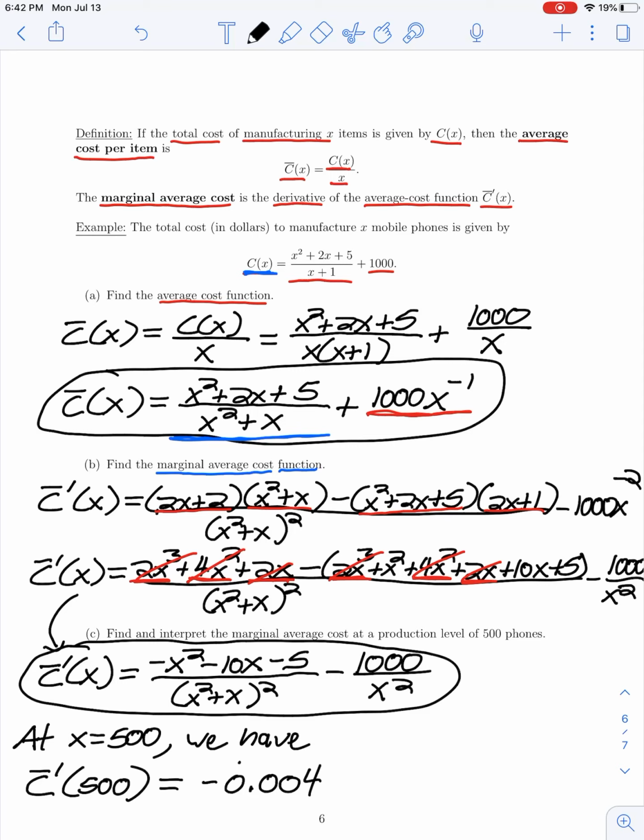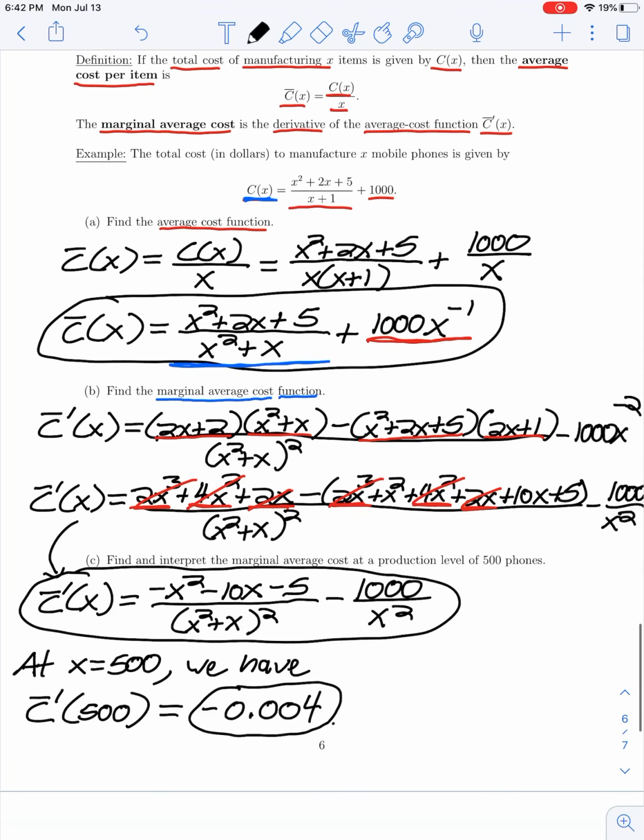So our interpretation for this value would be the following. So at a production level of 500 phones, the marginal average cost, that is the rate of change of the average cost, is negative 0.004.